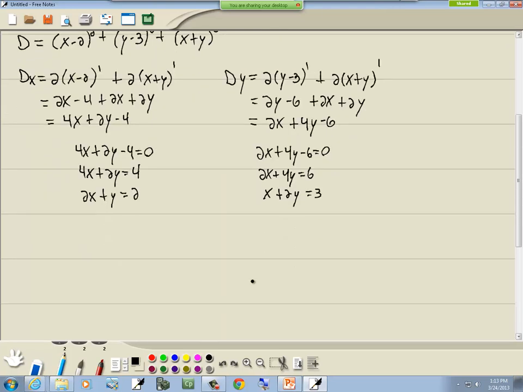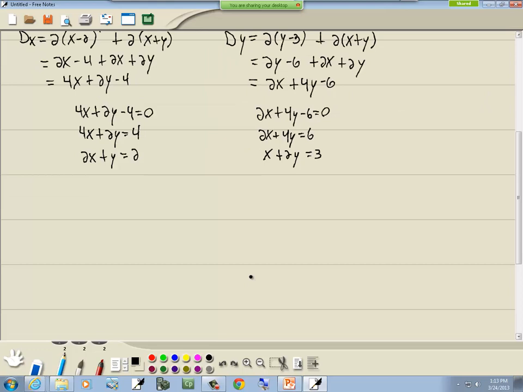Probably substitution is the easiest way to do this particular one. I can solve this first equation for y. So I'll take the 2x over, so I've got y is equal to 2 minus 2x. And we're going to substitute that into our other equation.